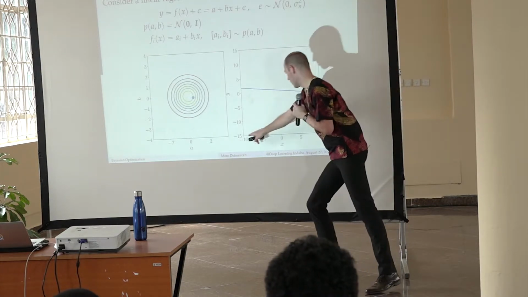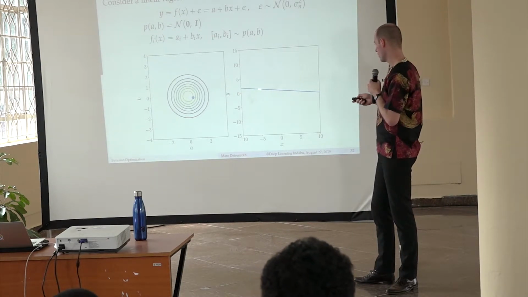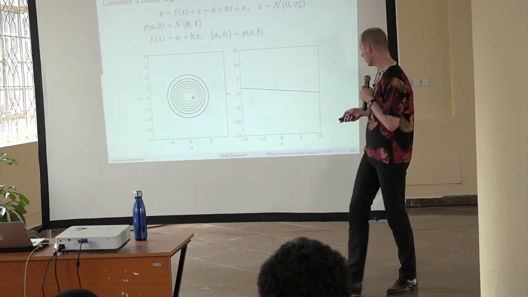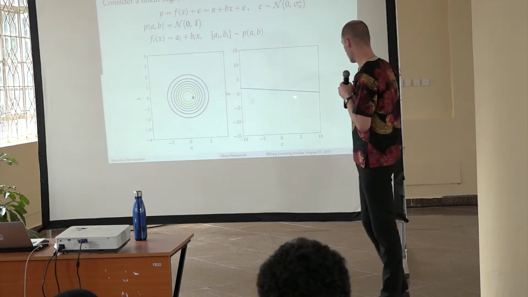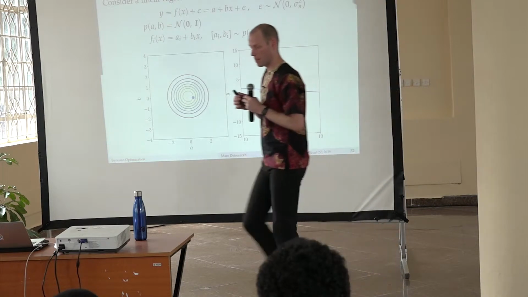For x values between -10 and +10, I'm going to get this line out of here. The slope is slightly negative, so this is the B value, and A is slightly positive, I think. Anyways, that line corresponds to this particular realization of the parameters.